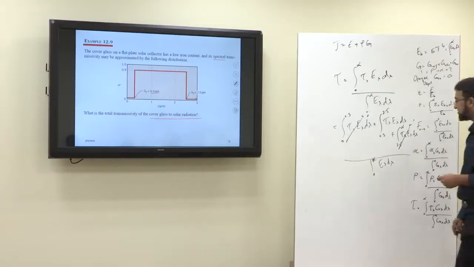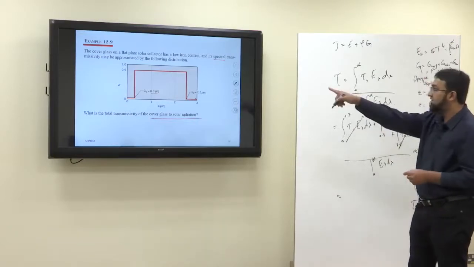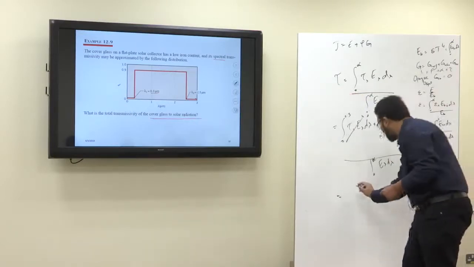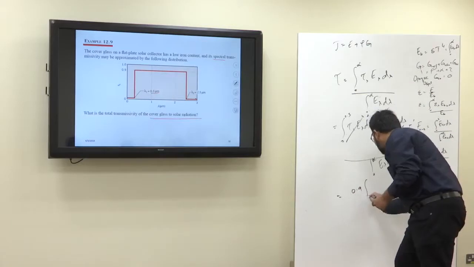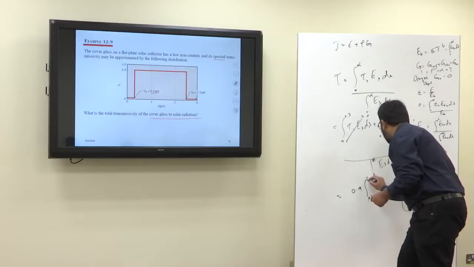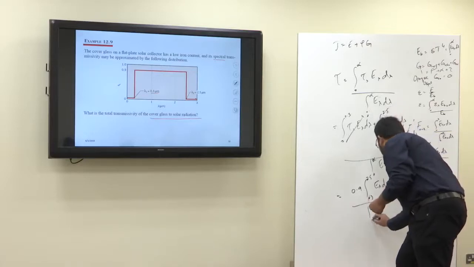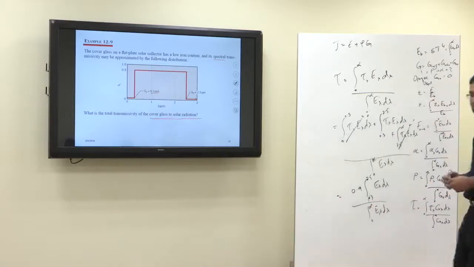This is not 0. Tau lambda for this is 0.9, a constant, so it comes out. The integral from 0.3 to 2.5 of E lambda d lambda is divided by the integral 0 to infinity E lambda d lambda.